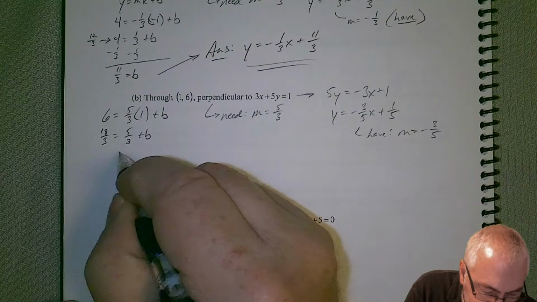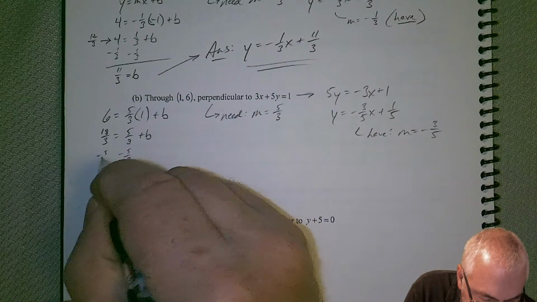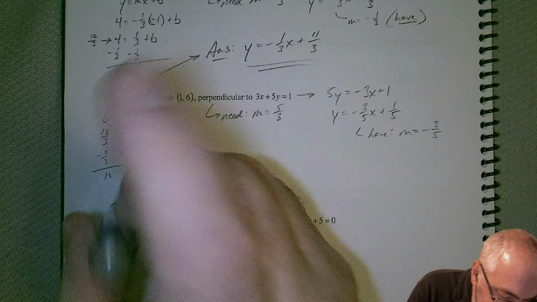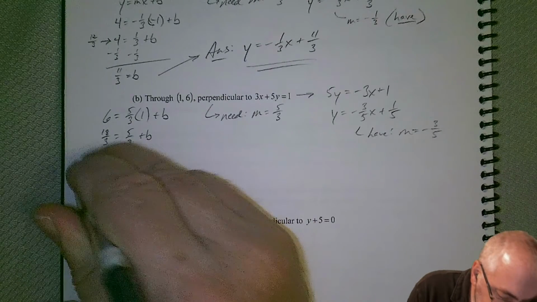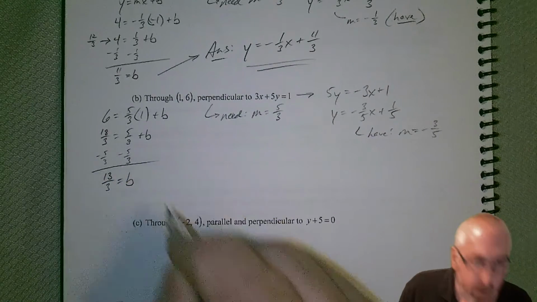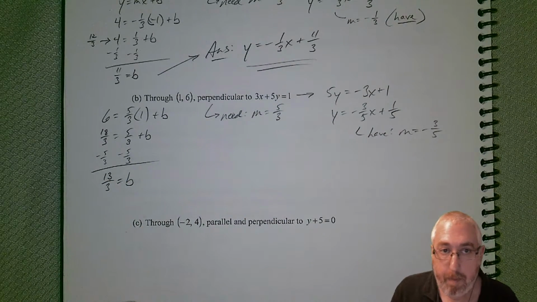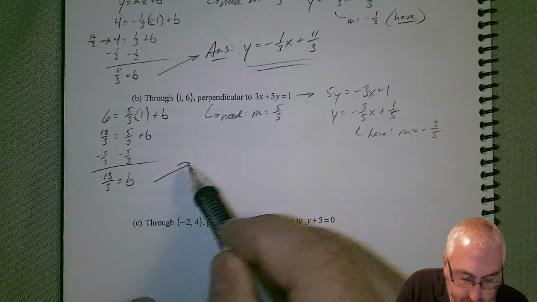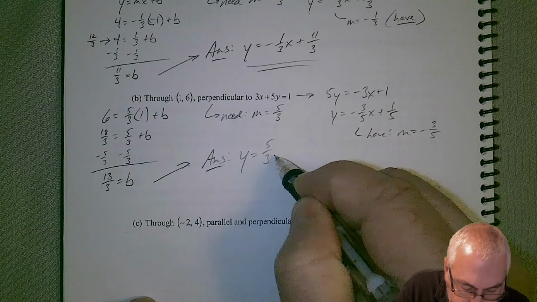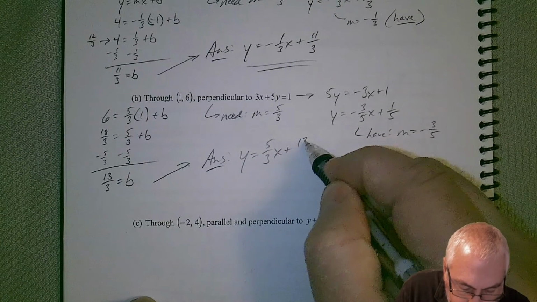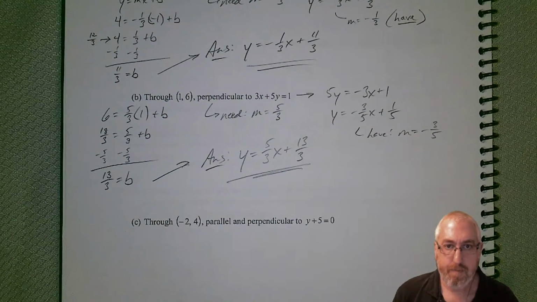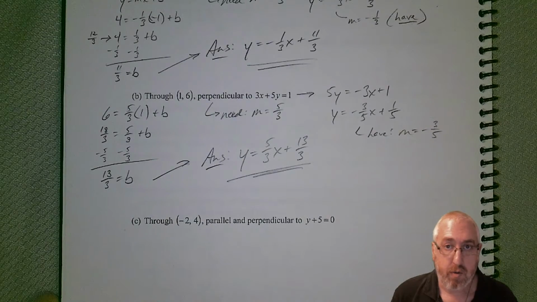And so now when we subtract the 5/3, looks like we're going to get, whoops, can't write my numbers too small. So it looks like 13/3. And so now y better equal 5/3 x plus 13/3. All right. So far, so good.